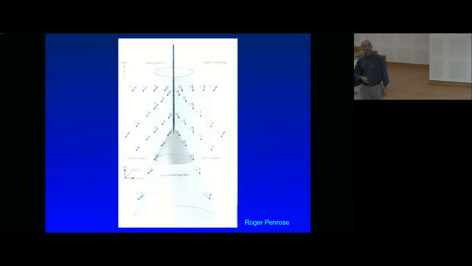So, all plotted in the way Roger Penrose himself plotted, these are beautiful diagrams. His thought process is geometrical. So here is our collapsing star in 2 dimensions. And this is the Schwarzschild radius.